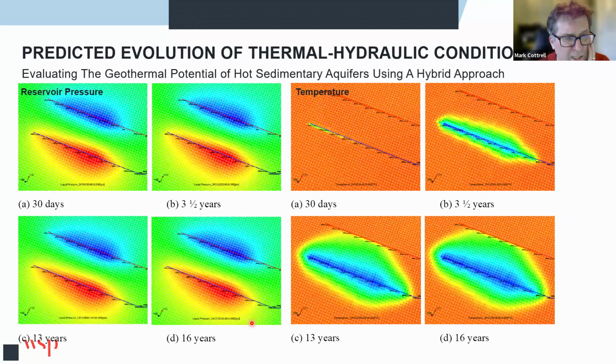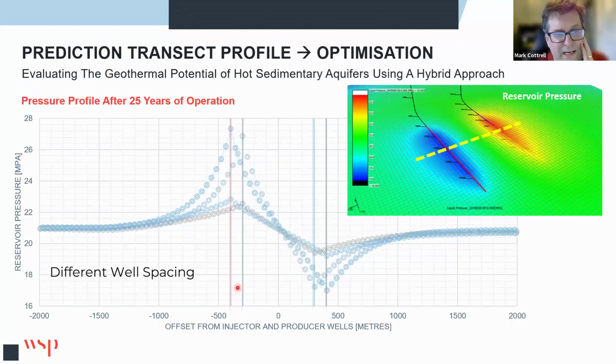So I spoke about injection and production being at quite high rates. I spoke about how the injection pressure, we need to keep that under control such that the caprock remains intact.